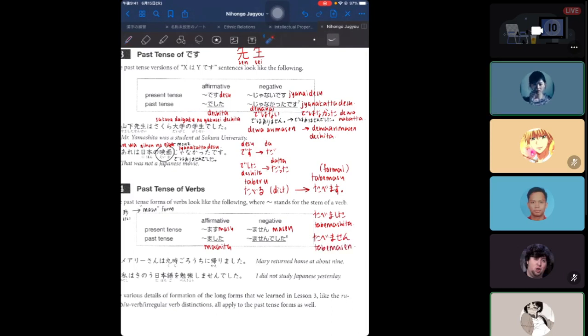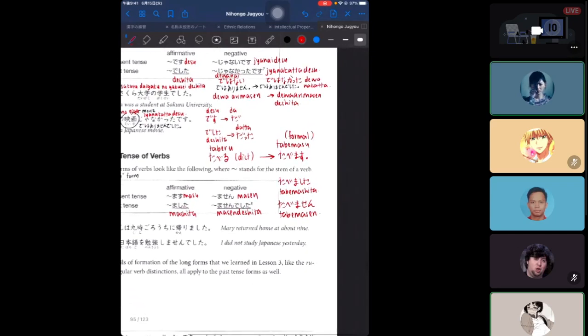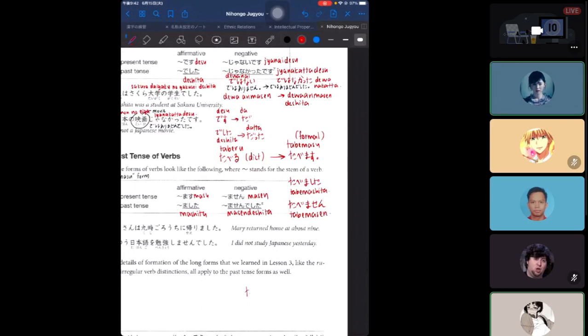And then the past tense of the negative form becomes masen deshita. So if it's tabemasu, then it becomes tabemasen deshita.